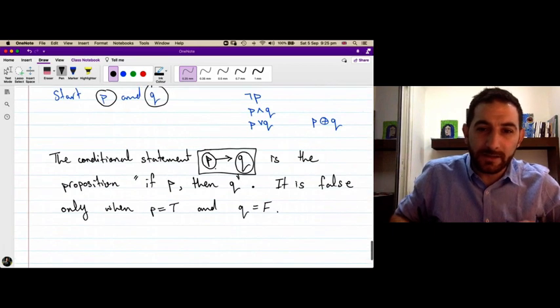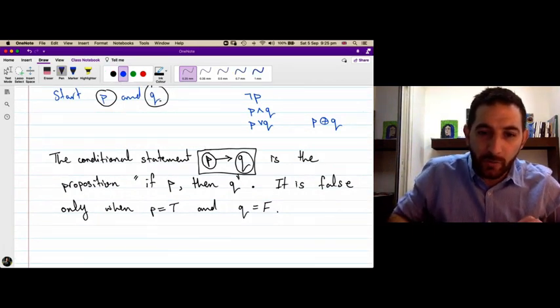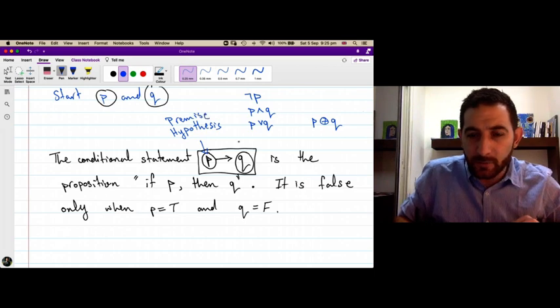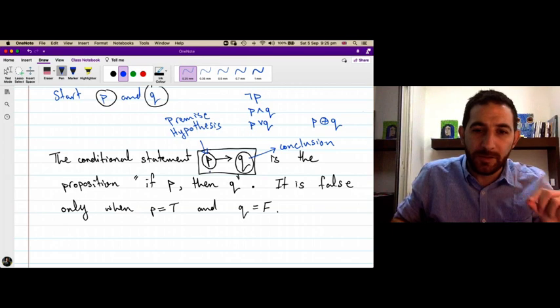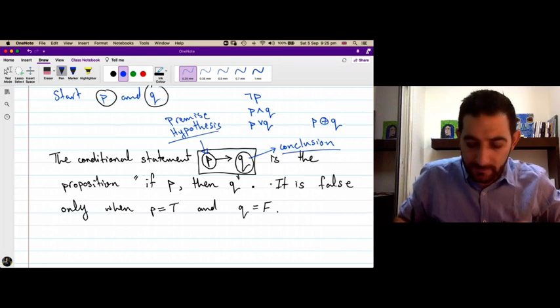Okay, let me say that in a conditional statement of this form, P implies Q, we call P the hypothesis of the statement, or the premise, and we call Q the conclusion. So this means that a conditional statement P implies Q is false only when the hypothesis is true while the conclusion is false.